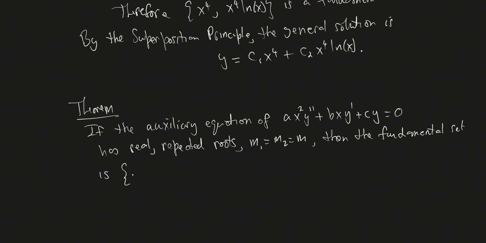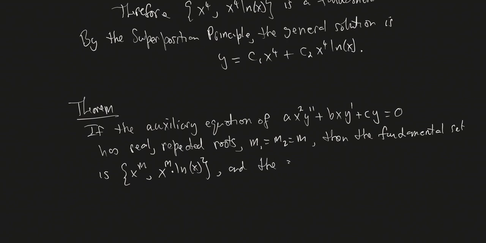here are the two functions. The first one is easy. It's x to the m. The second one, I mean, you write it down, it's easy, but it's what we had to do to get this. That wasn't an easy process. And you're not going to replicate the reduction of order process. You get to use this theorem from now on. So that's our fundamental set.